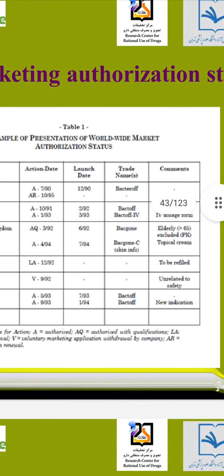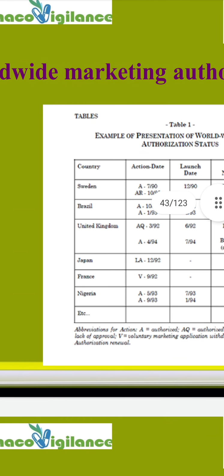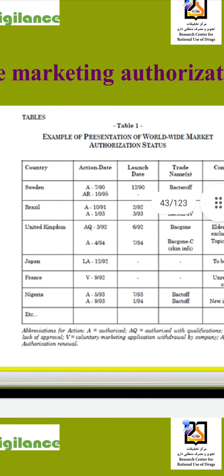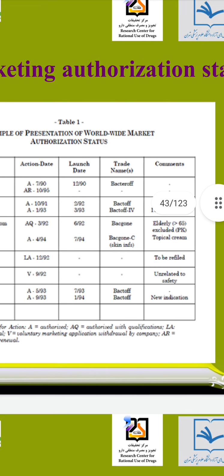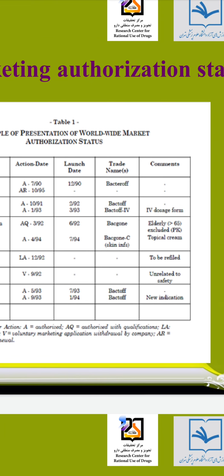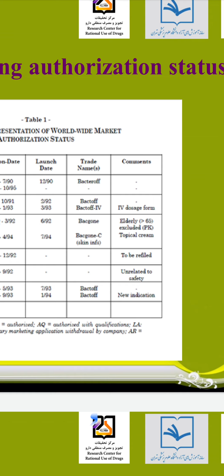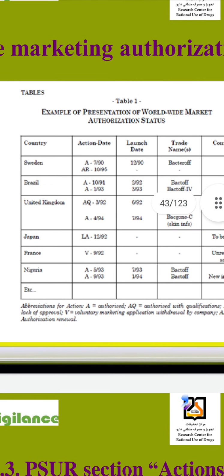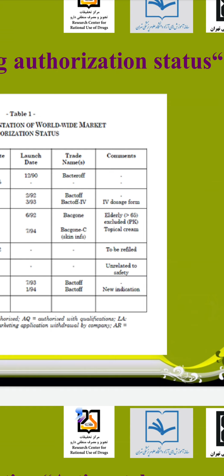Trade name is a backdrop. Connection, it's nothing. Country, Brazil, in the date of the 1091 and 193. Launch date is 292 and 393. Trade name is a backdrop and backdrop IV. Connection in the IV dosage form, etc. etc. is written the example.